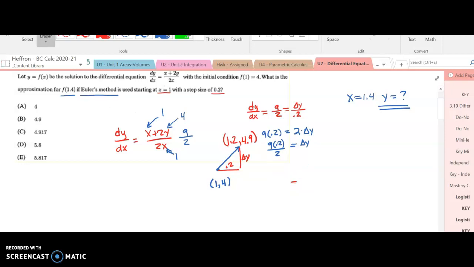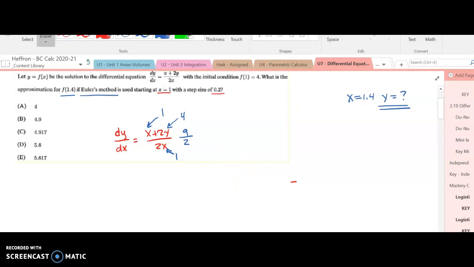Or, if you don't like that way, you can also use the way we talked about it in class: y minus y1 equals m times x minus x1. We know our initial x was 1 because they told us so, and we know our initial y was 4 because they told us that too. We also calculated our m to be 9 over 2.